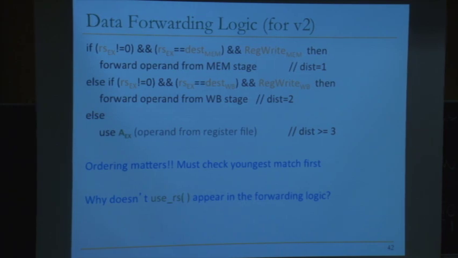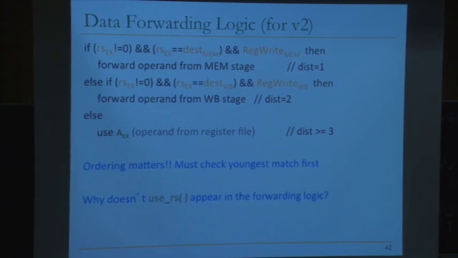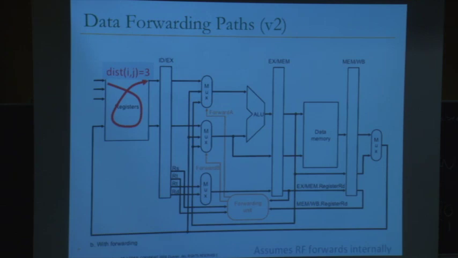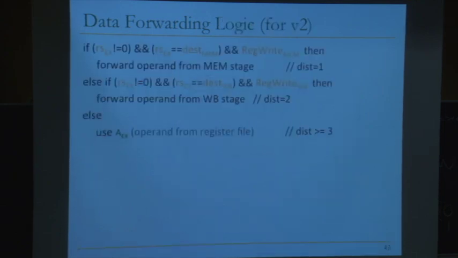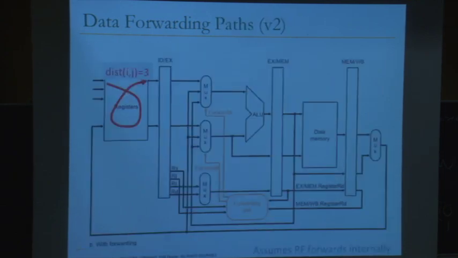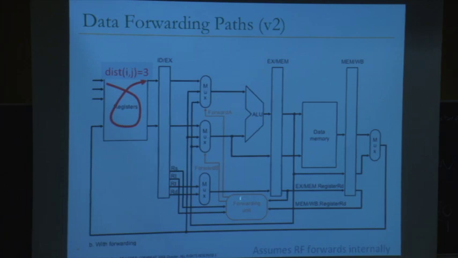And I guess why doesn't use RS appear in the forwarding logic? Any guesses? I didn't define it quickly, but basically use RS means, are you actually using the register here? Basically, the forwarding logic sets up these muxes, right?